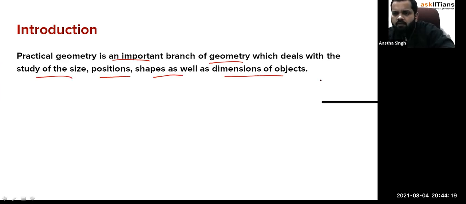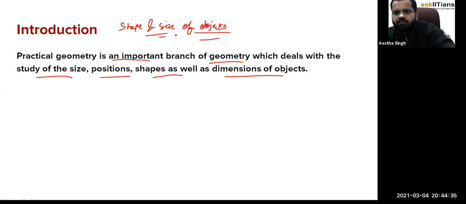This is basically used to study the shape and size of objects, which is generally studied in a geometric way. So yeah, we were discussing perpendicular bisector.